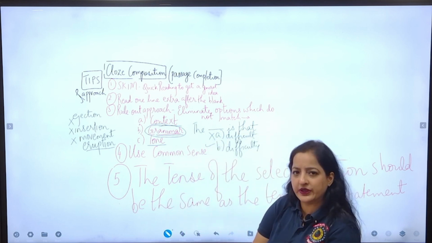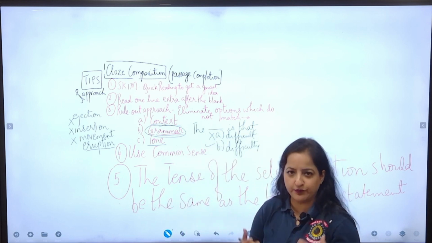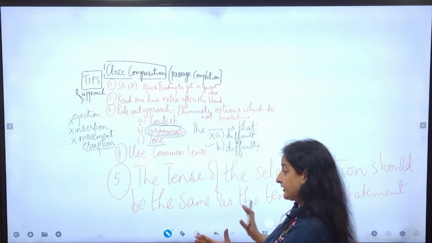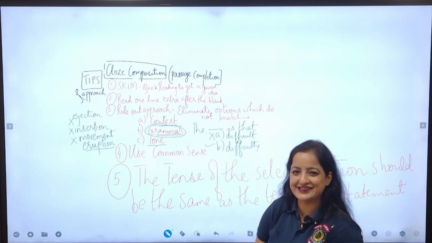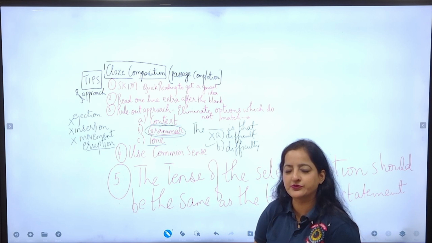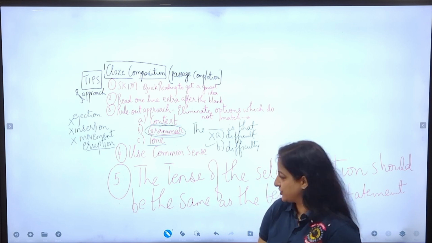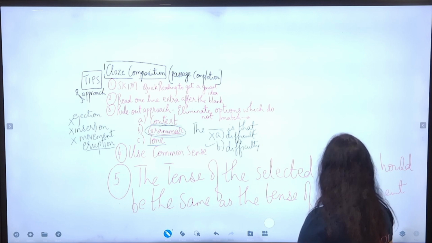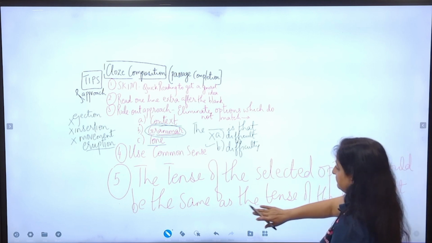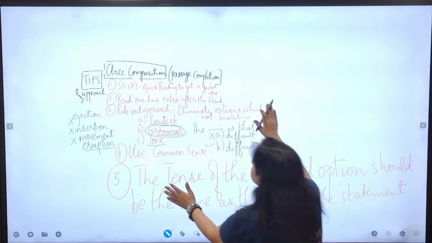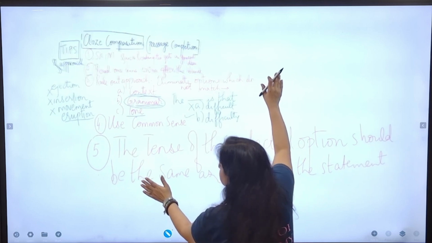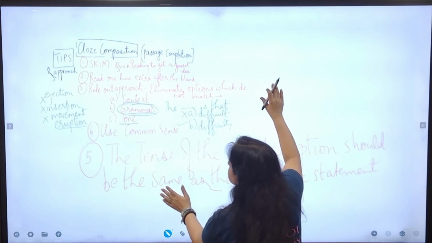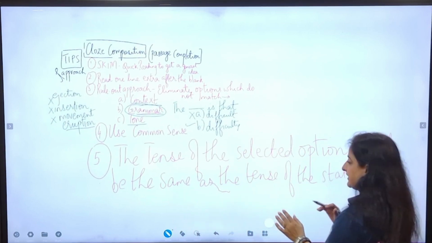Right, so with this, we are done with the tips and the approach. Let's see, can we apply this? Yeah, this is just theory, so we're going to apply this. We're going to do 3 close compositions. Let's begin. I think I can get a slide if you want to take a picture. Let me get aside.